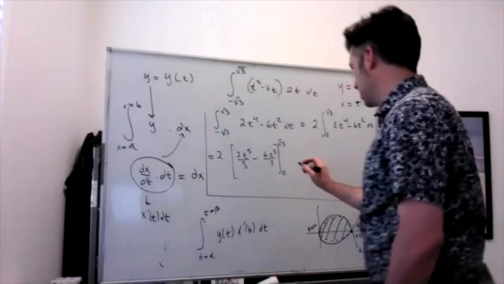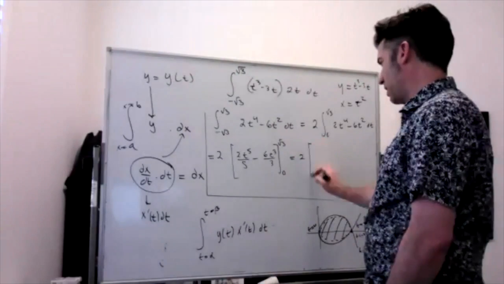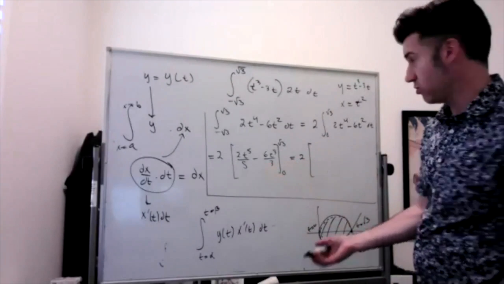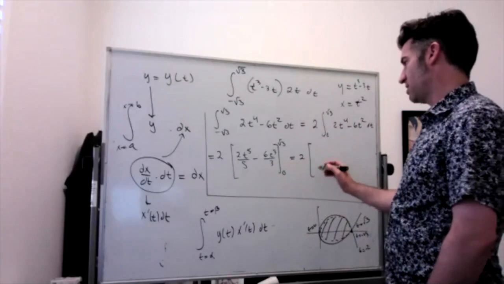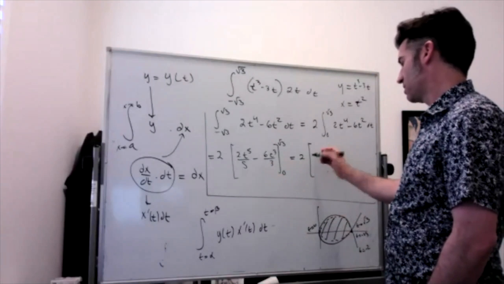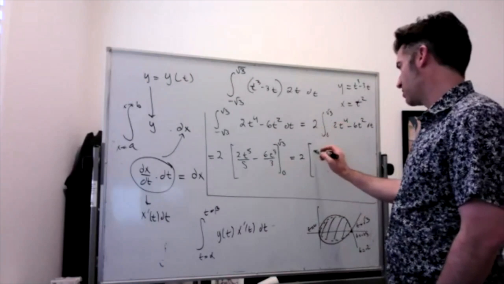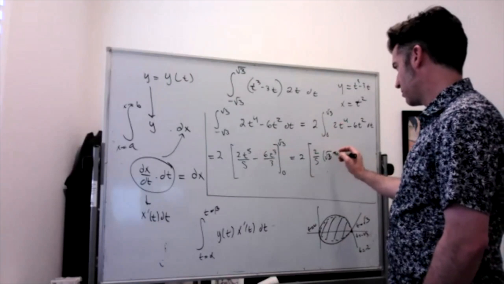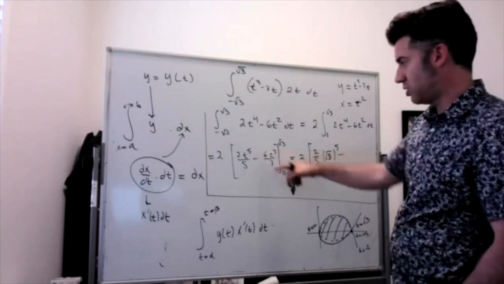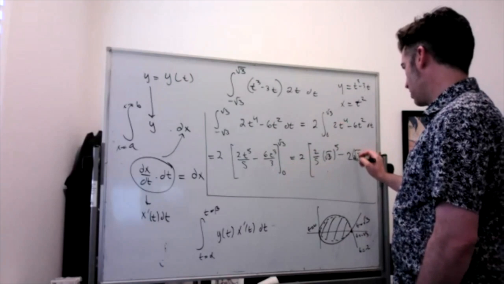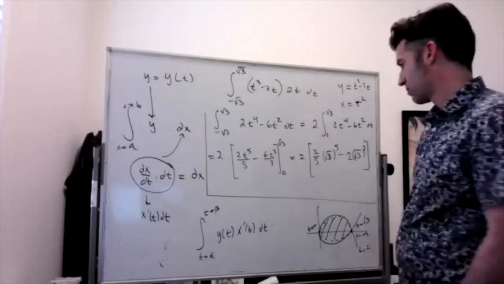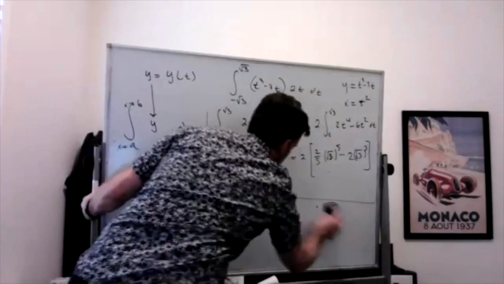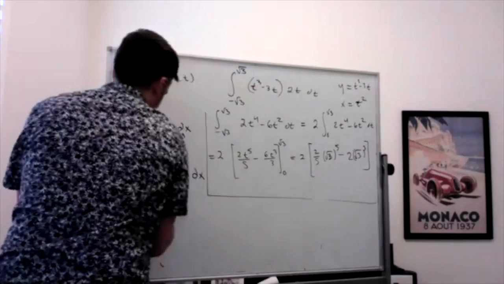And then that's going to be 2 times, sorry, this is 2/5 square root of 3 to the 5th minus 2 square root of 3 cubed. And what is that? Good question. Let's factor out a few things.